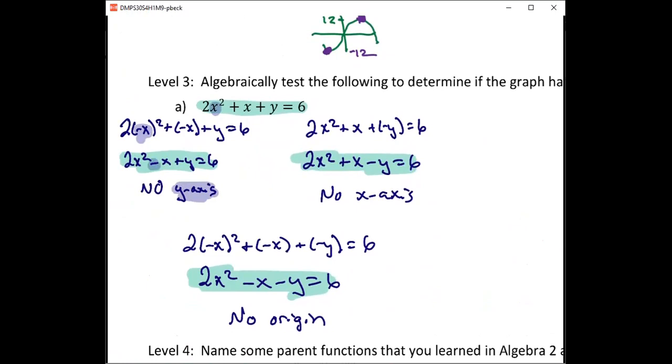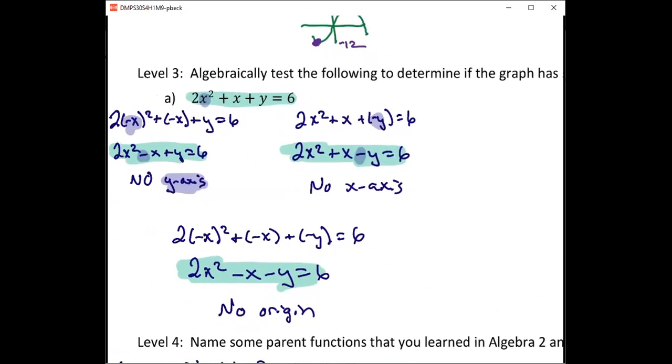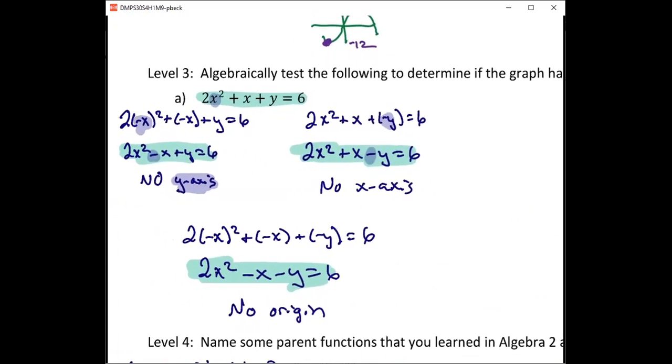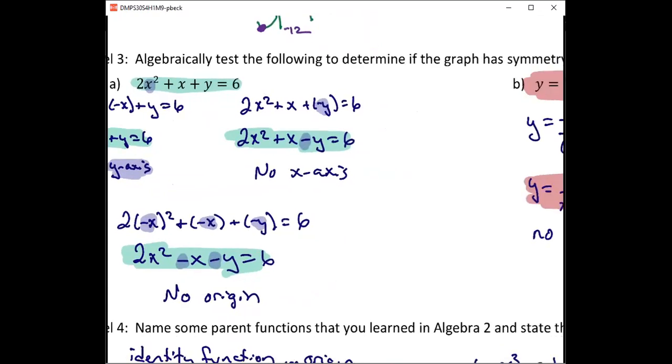For x-axis symmetry, when I substituted -y in for y, once again, I have a negative there, which is not the same, and therefore it's not symmetric to the x-axis. When I plug in both the -x and the -y, the differences that I'm going to highlight are both of those signs, and because it's a different equation, we have no origin symmetry.